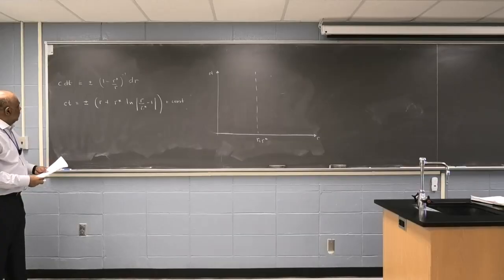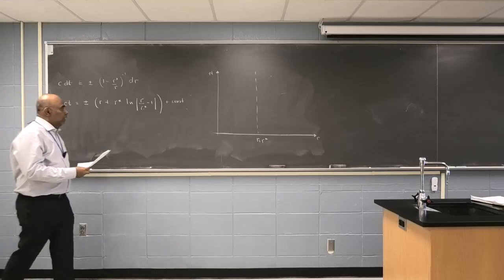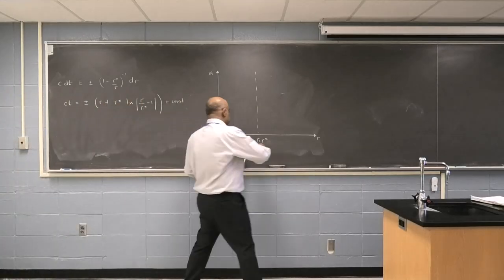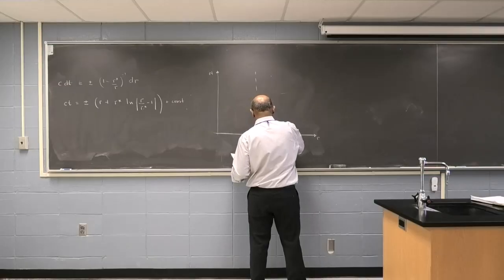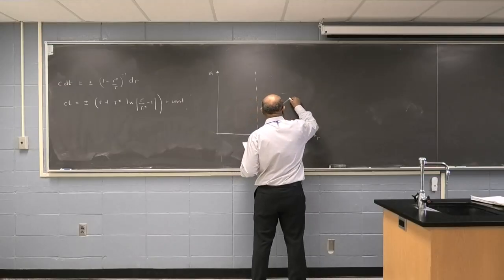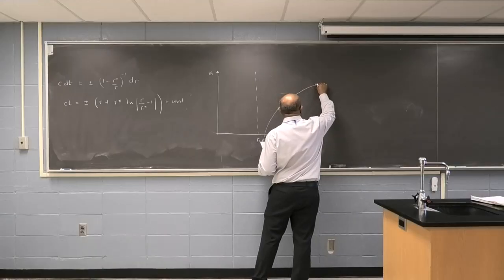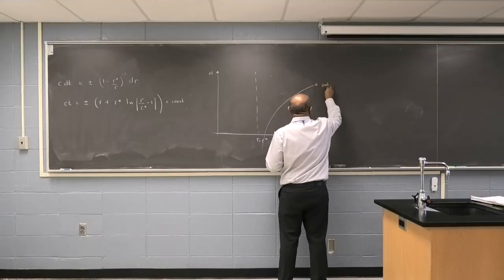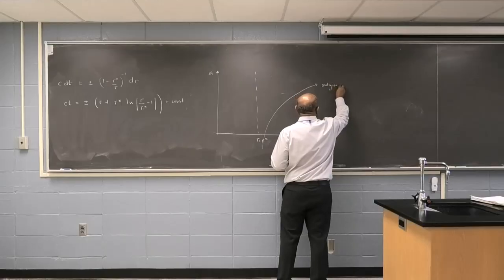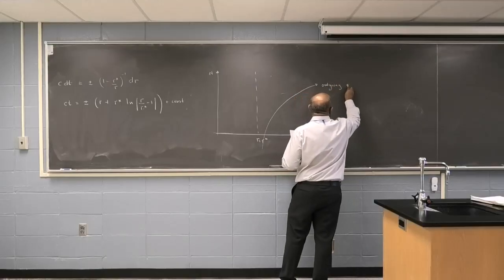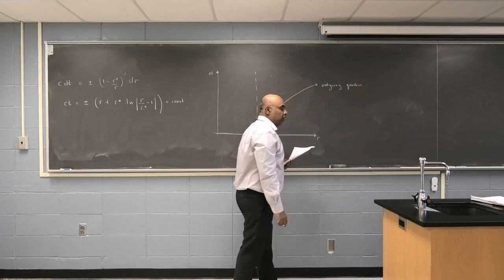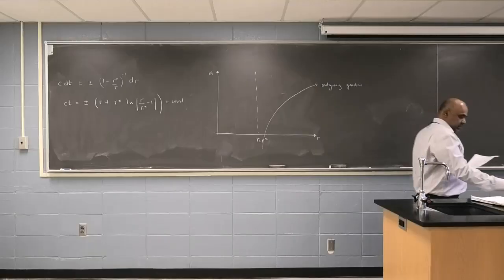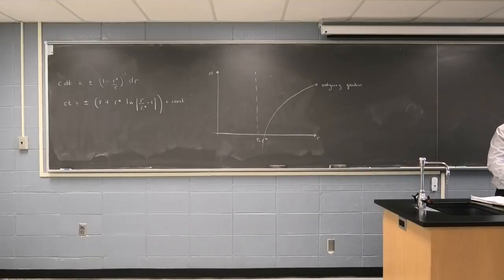And if I pick the outgoing geodesic, you can try it. A random geodesic will look like this. This is the outgoing geodesic. I'll try to somewhat color code it.